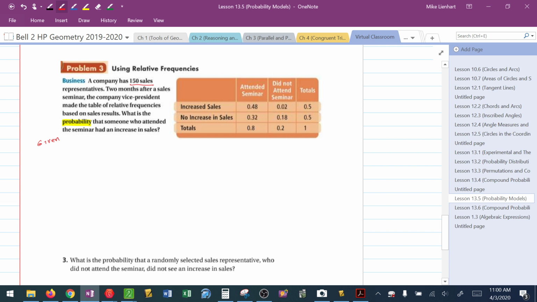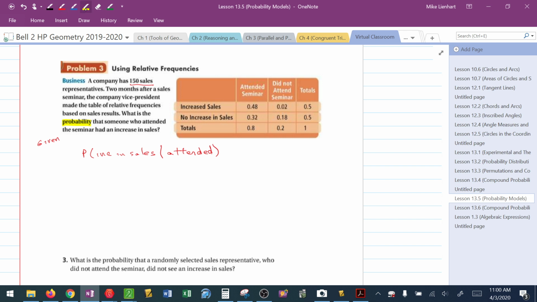The word given is in there. They had to have attended the seminar is the given part. So this probability would be, what is the probability that they had an increase in sales given that they attended?